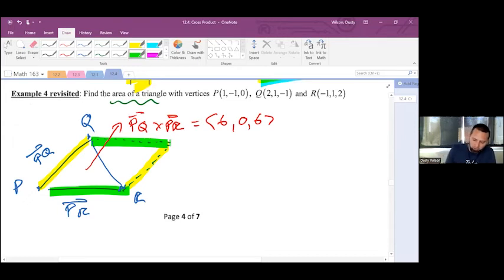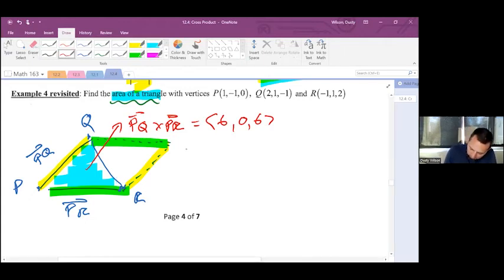If we want to find the area of a triangle, we notice that the area of the triangle is exactly half the area of the parallelogram, and the area of the parallelogram is going to be the length of this red vector.